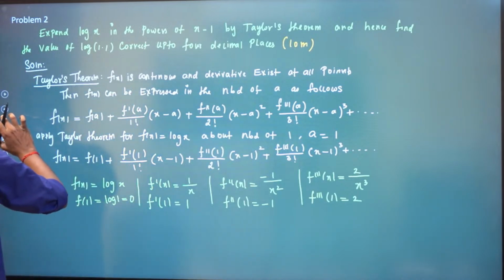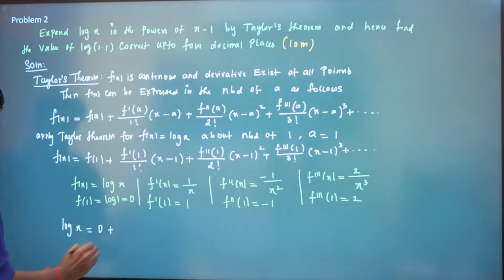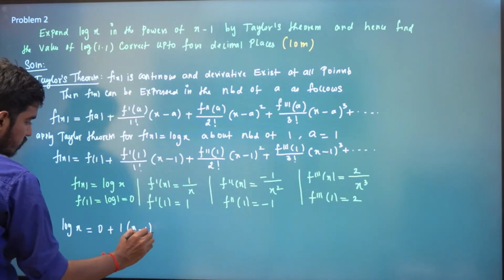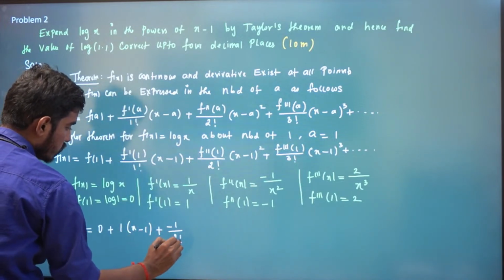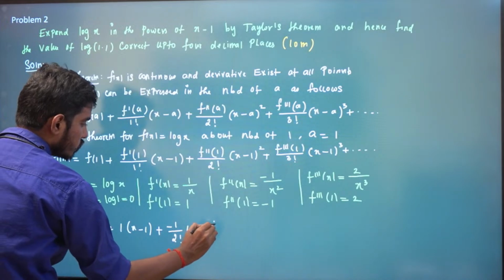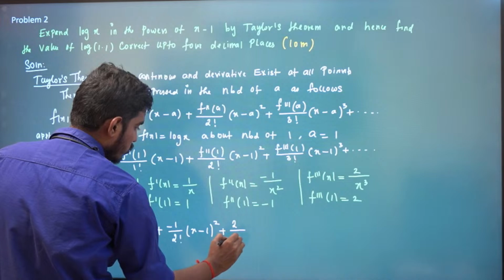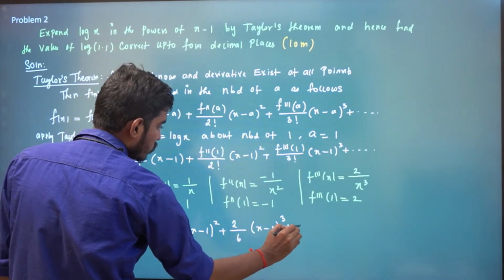So that means this f of x is log x. What is f of 1? f of 1 is 0, plus f dash of 1, so 1 into x minus 1, plus f double dash of 1 into x minus 1 whole square, plus f triple dash of 1, so 2 by 3 factorial into x minus 1 whole cube and so on.